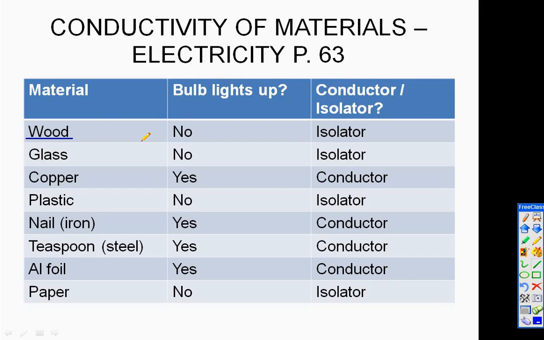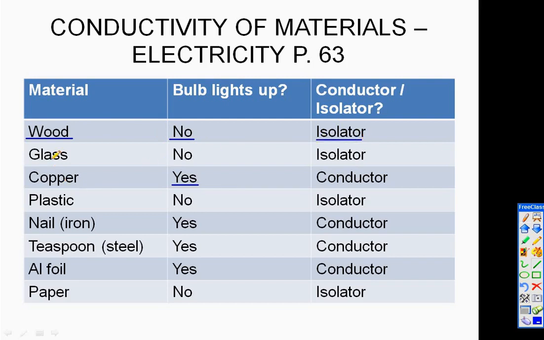If I put that material inside of the circuit, the circuit will actually be closed. So if that material is a conductor, the light bulb will shine. It will light up. For example, you see here that when we took the wood, the light bulb did not light up because wood is a non-metal, so it is a good insulator of electricity.